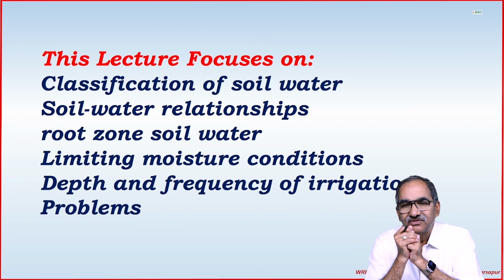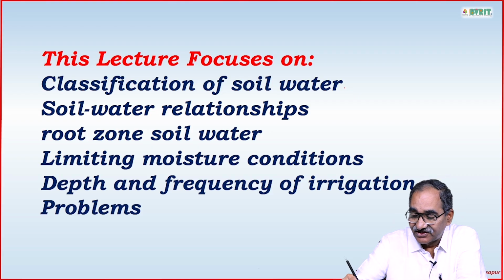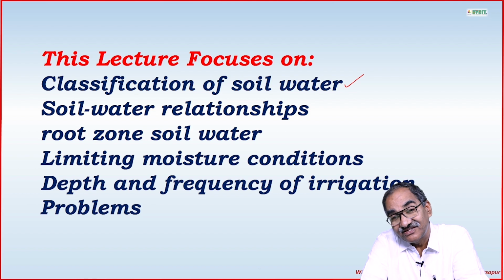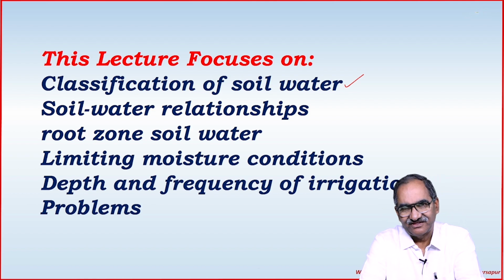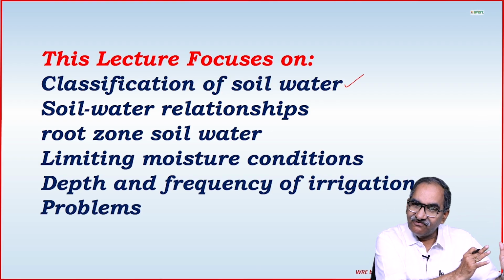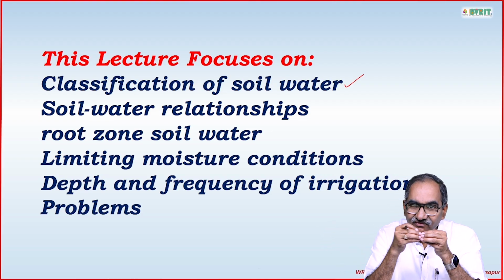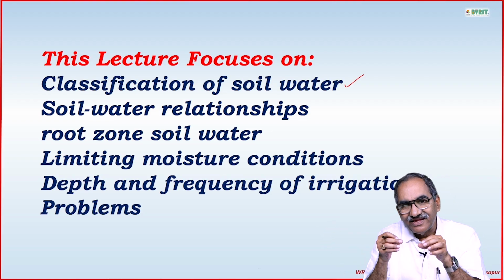Let us come. So what we deal with today is the classification of soil water. Last class we dealt with classification of soils. Similarly, quality of irrigation water. These two things we studied independently, quality of irrigation water and types of soils. Now what we want to discuss is the classification of this soil water.